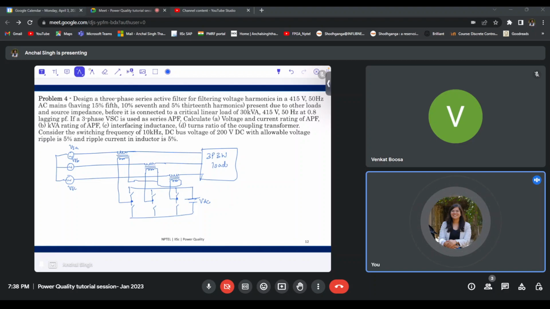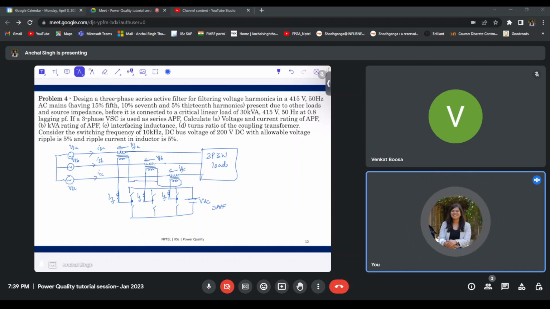And there will be filter capacitors, and an inductor LF will be present in all three phases. So this is our series active power filter. Our system would look something like this. This is our VF voltage, VFA, VFB, and VFC, and our load voltages respectively, and ISA, ISB, and ISC.